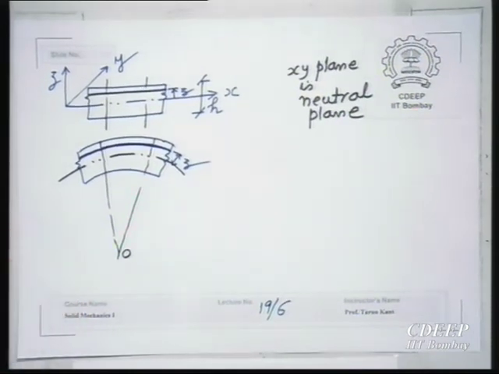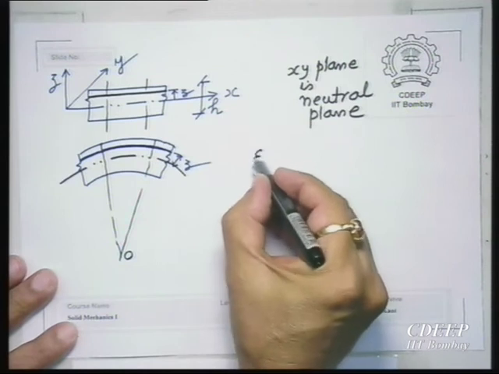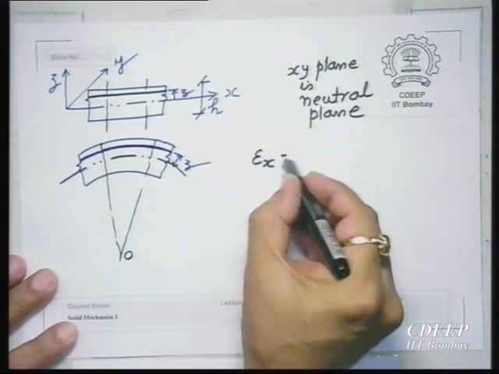What kind of strain is this? Longitudinal strain, normal strain. Yes, it is normal strain, stretching, length is increasing. It is in the x direction, so epsilon x at this point.